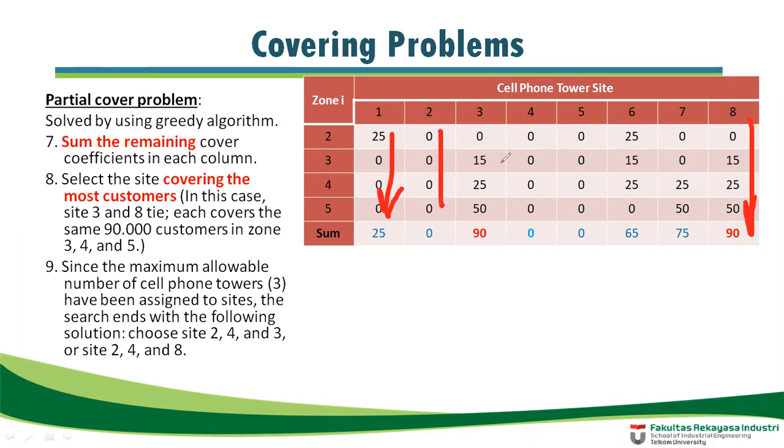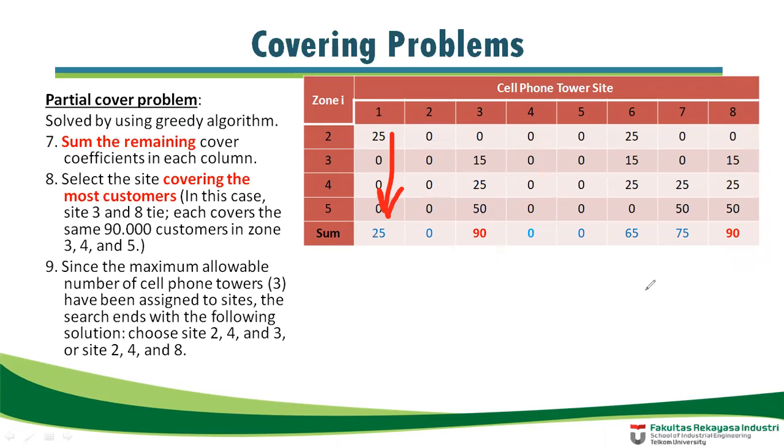And at this stage, I get the same largest numbers, which belong to tower number 3 and number 8. So number 3 and 8 will be the third alternative to be built. It means they can serve many zones.